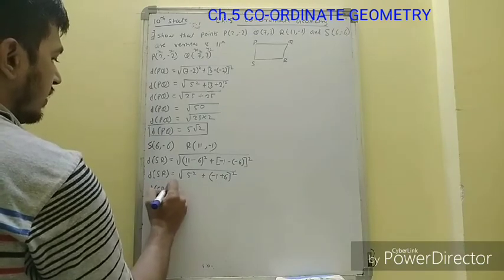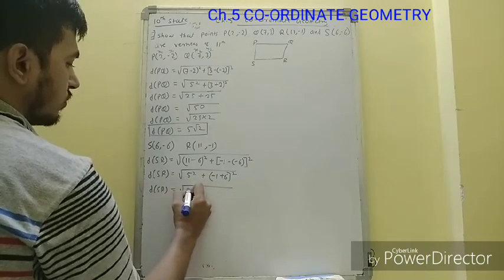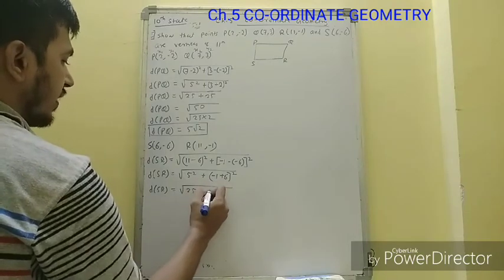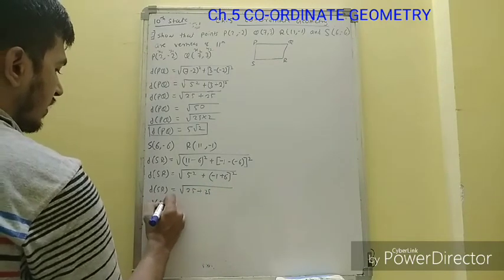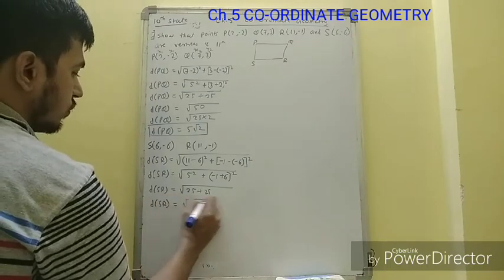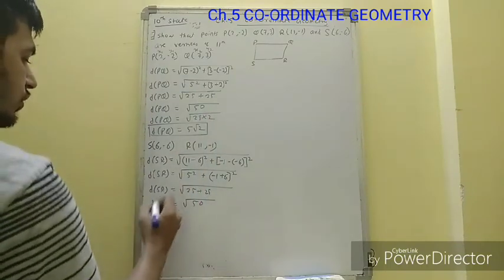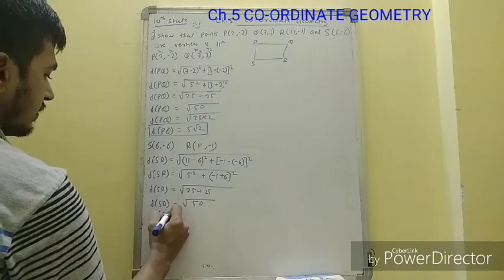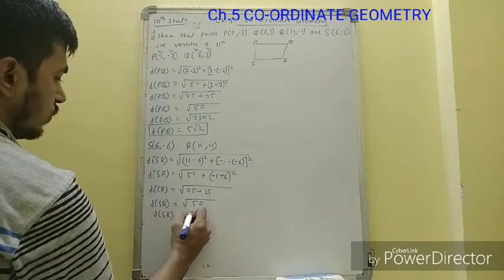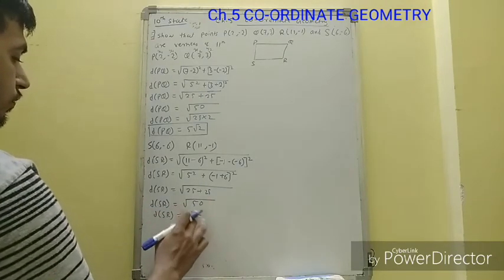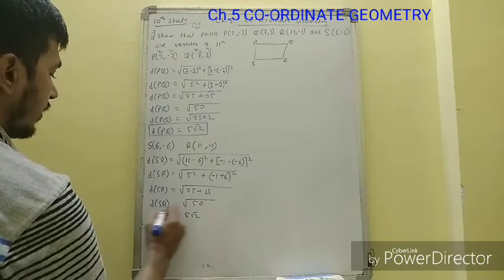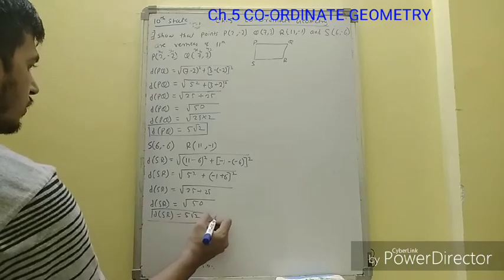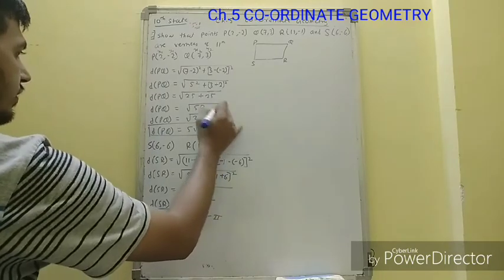Distance SR is equal to 5 squared is 25, and 6 minus 1 is again 5, that is 25. So distance SR is equal to the square root of 50, which is 25 times 2, that is 5 root 2. Okay, so this is the second.